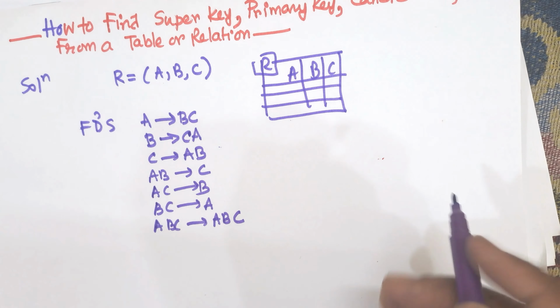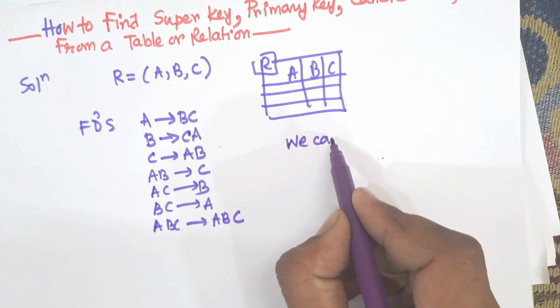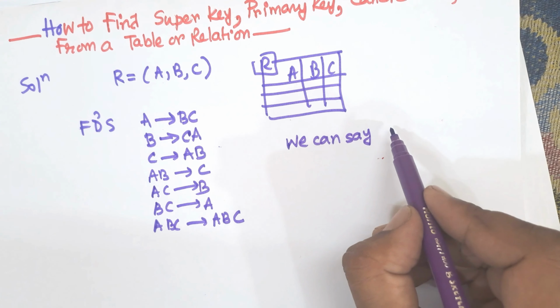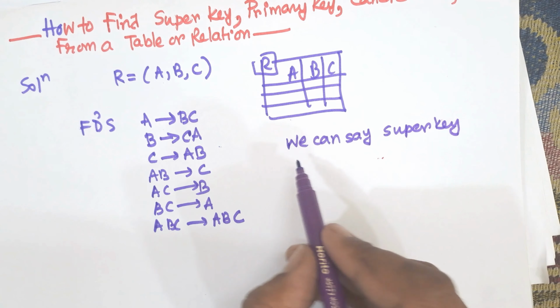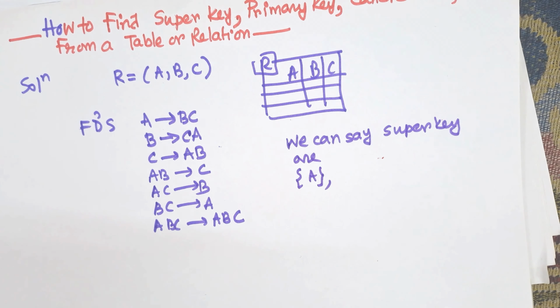We can say the super keys are: A can be a super key. Why is A a super key? It is used to uniquely identify the record.